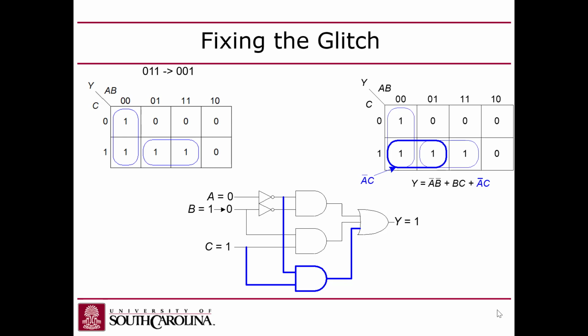If you add an extra gate that covers this commonality, that bridges these two groupings on the Karnaugh map, it actually fixes the glitch because it keeps you within one grouping as you transition from this state to this one. So if you needed to stop the glitch, that would be a way to fix that.